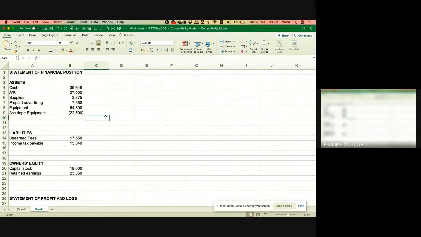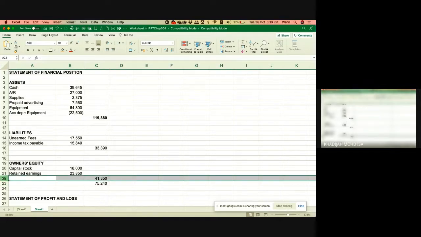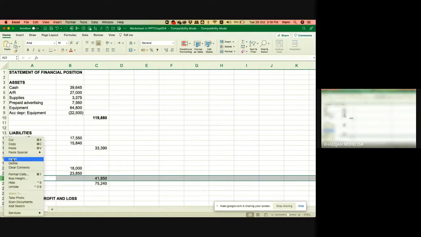Let me see. Here is total asset is, right? Here is, how much is this? Not the same. Where did it go wrong? Because I have not included my what?